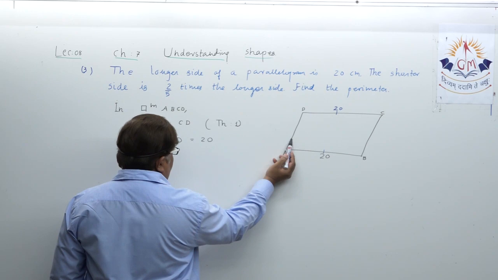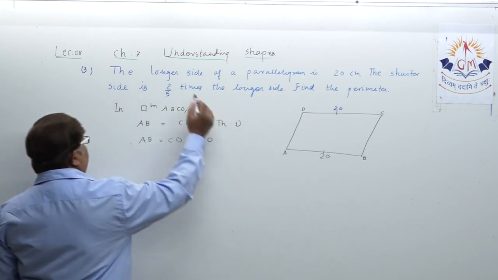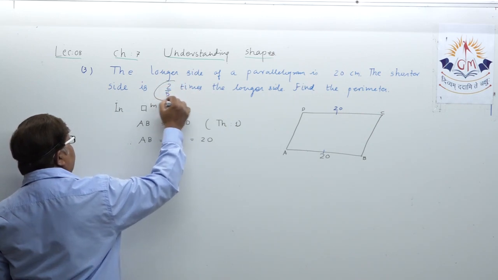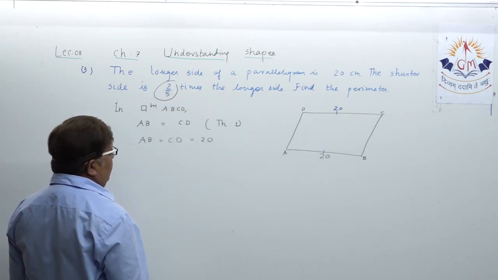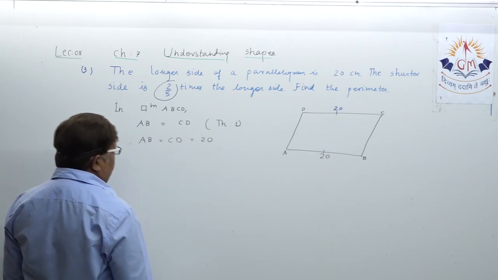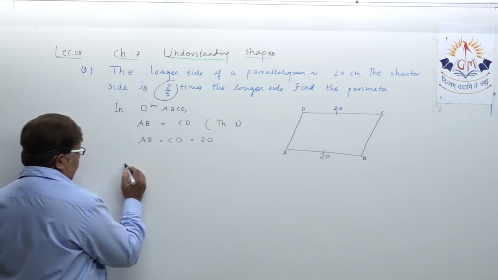AD is the shorter side and AB is the longer side. It is given that the shorter side is 2 upon 5 times the longer side. Let us compare these two.